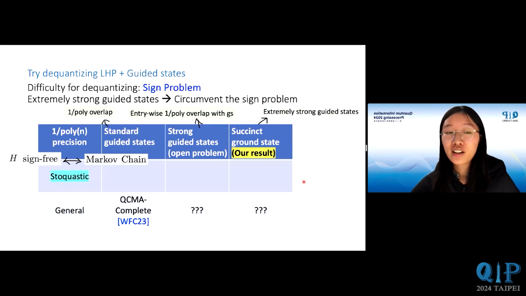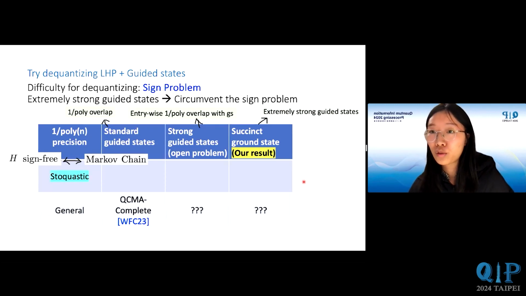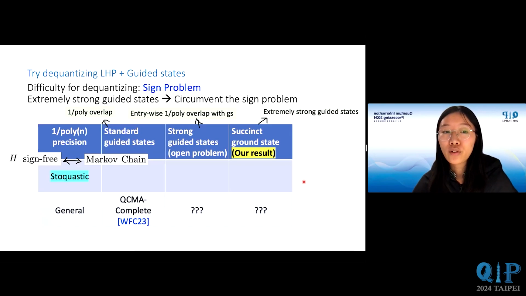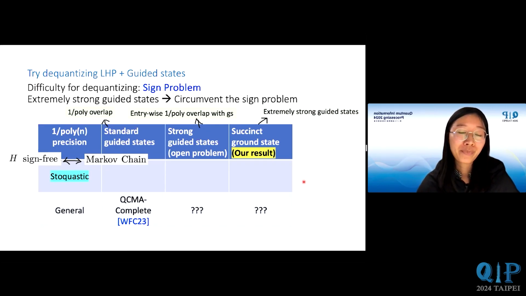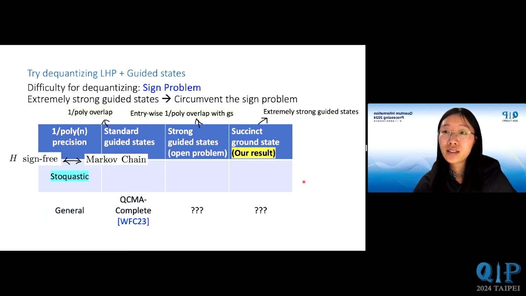Here I refer to a concept called stochastic. A stochastic Hamiltonian is a subclass of general Hamiltonians which is known to be sign-free. Basically, this means there is a natural way to connect a stochastic Hamiltonian to a Markov chain, so there are natural ways to design a randomized algorithm for it.